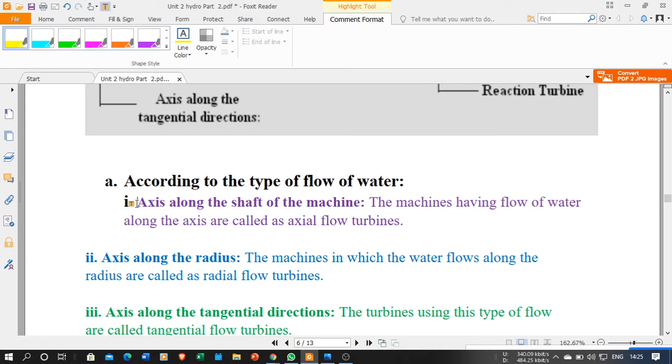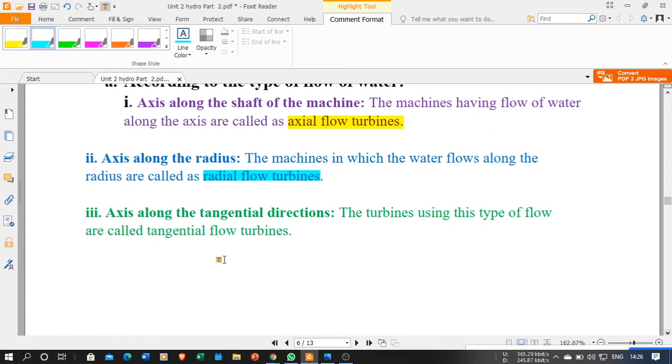The first one is what? Axis along the shaft of the machine. The machine having flow of water along the axis is called an axial flow machine. If your water flow and the shaft axis are the same, what is it called? Axial flow turbine. Second, axis along the radius. If the axis of your water is along the radius, the machine in which the water flows along the radius is called a radial flow turbine.